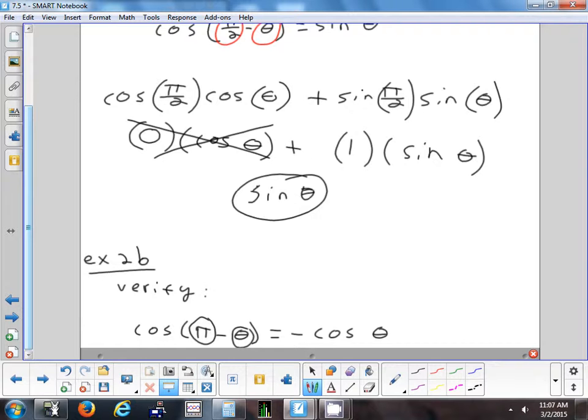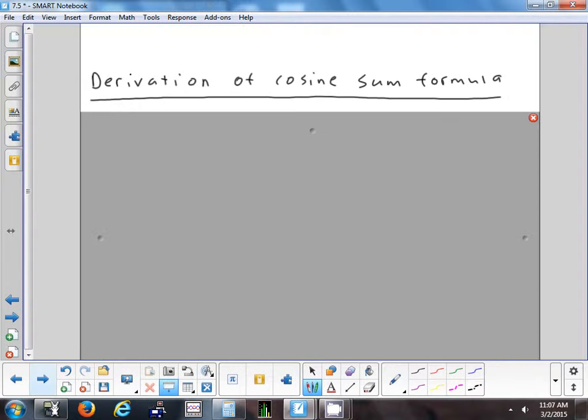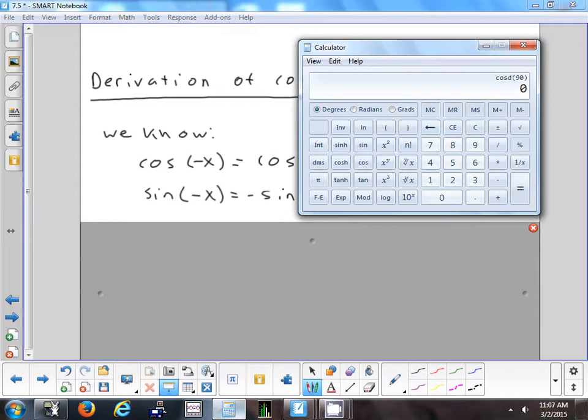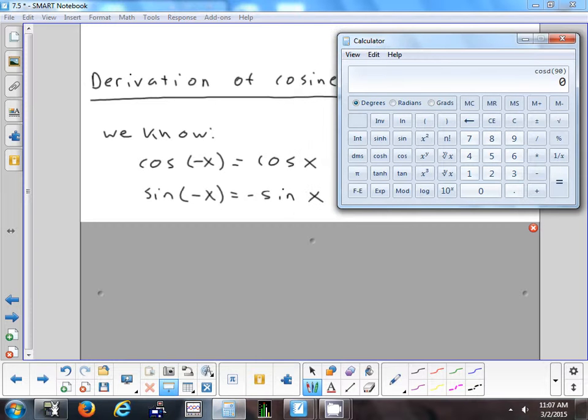All right, so that's cosine difference. We're going to show where the cosine sum comes from. Okay, this actually isn't hard to show since we already know the difference formula. We just have to keep these two facts in mind. Sometimes these are called even-odd identities. Okay, I didn't teach you these separately, but it turns out if you take the cosine of a negative angle and then the cosine of the positive angle, it's the same thing.